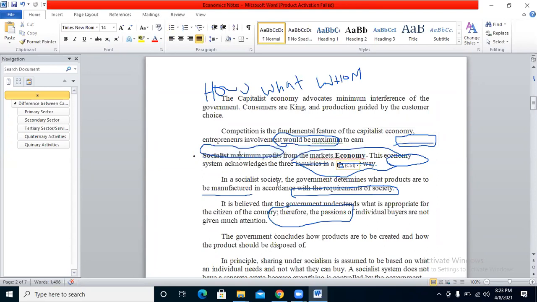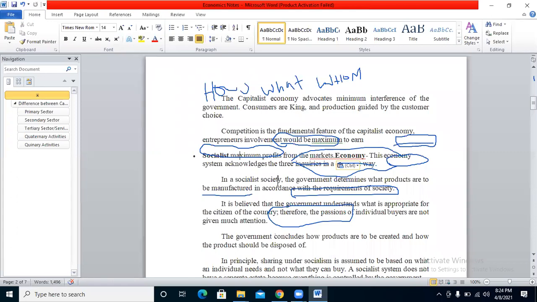For example, if the society is ready to pay, I'm just giving one example, like in your economy 10% of people want to purchase a car at the cost of 10 lakh. 5% of people want the car at the cost of 1 lakh.